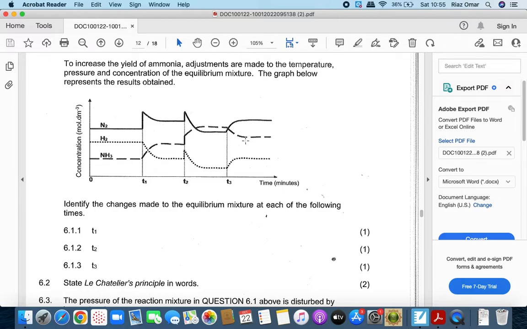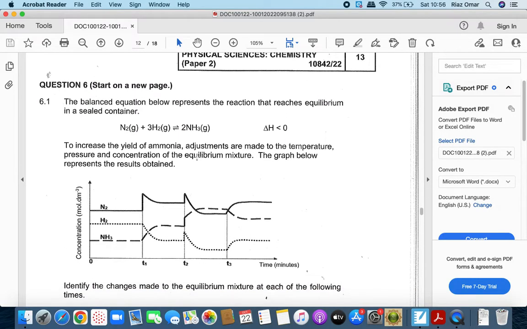So that means what happened is the hydrogen and the nitrogen were favored and ammonia went down. It lost out. So basically, according to this, we see that the forward reaction is exothermic. An exothermic reaction is favored when there's a decrease in temperature.